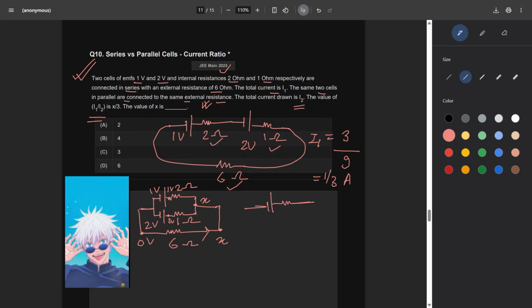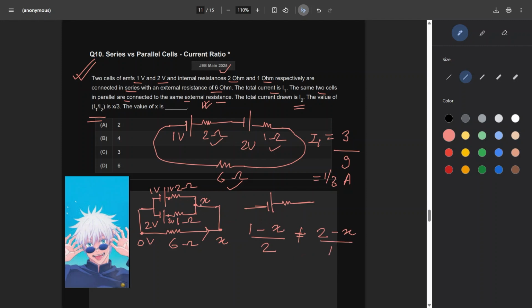So what will be the current in this branch? Current in this branch will be 1 minus x upon 2. In this branch, it will be 2 minus x upon 1, right?